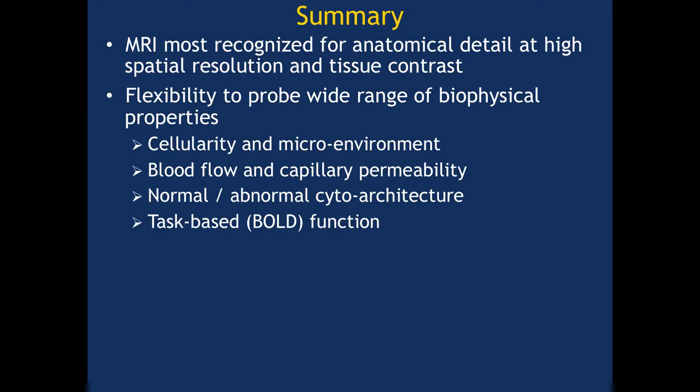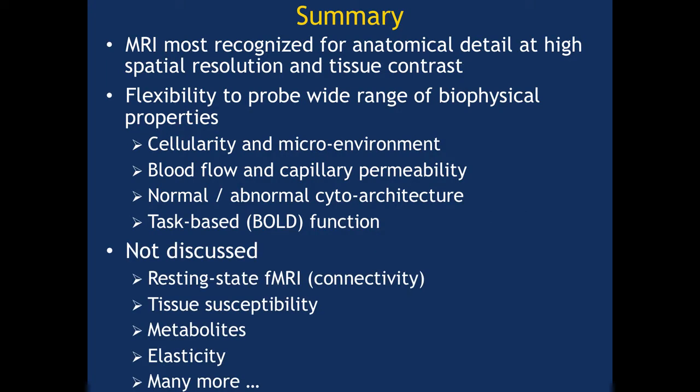It's very flexible, in addition to anatomy, to probe a wide range of biophysical properties. I indicated cellularity, blood flow, architecture, function. These are techniques that are used not only in a research setting, but are also used clinically.